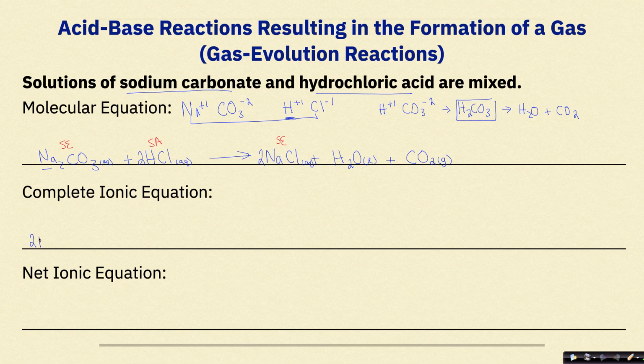So 2Na plus 1 plus CO3 minus 2 plus, HCl is a strong acid, so the 2 is distributed, 2H plus 1 plus 2Cl minus 1. And these are all aqueous.